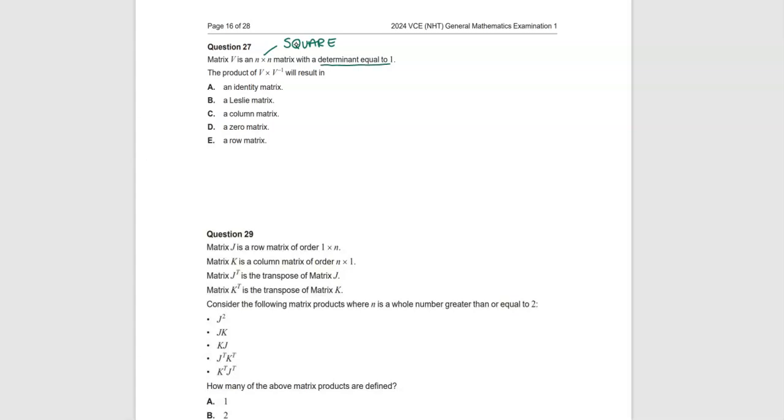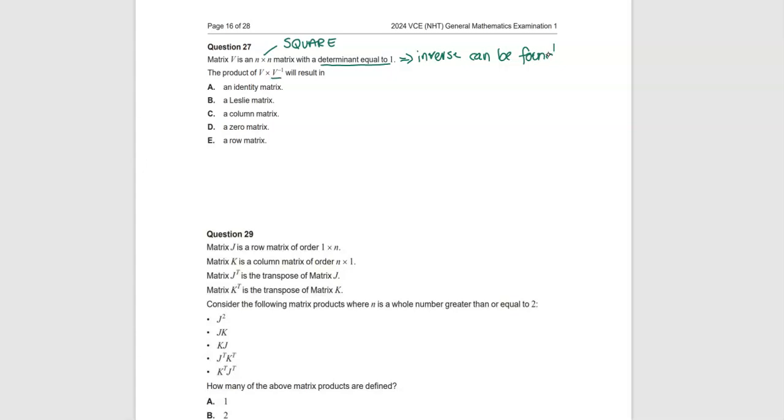If the determinant is not 0, that means anything but 0, so an inverse can be found. Okay, so that can help us. It said the product of V by V inverse will result in... so that's pretty much the inverse there.